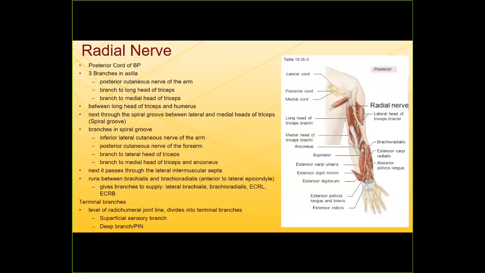Okay, the deep branch becomes what's called the posterior interosseous nerve after it crosses through the supinator, and that is strictly motor in nature. It's just a motor nerve, and we'll talk about what it does. And the superficial branch actually is just sensory in nature. It just gives us sensory information to the backside of our hand. Okay?